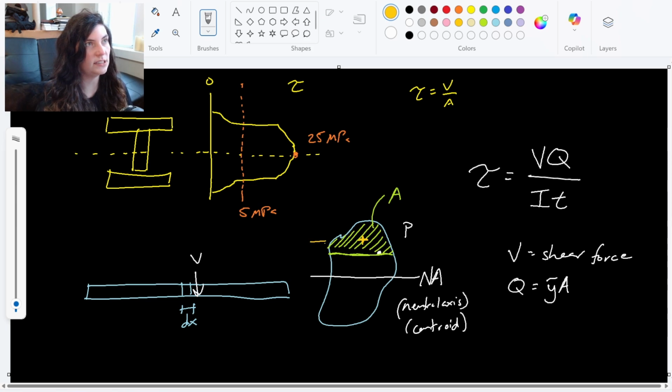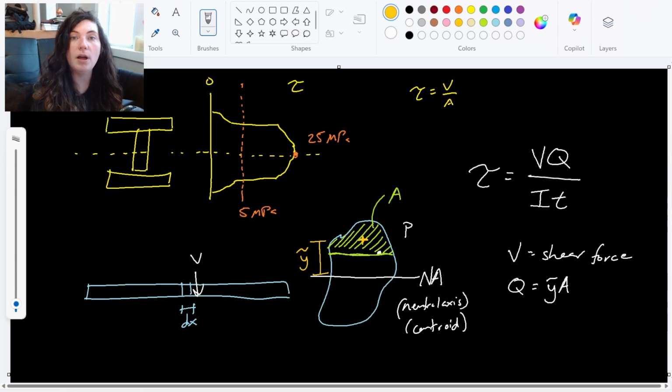The distance from the centroid of this area to the neutral axis would be our y tilde. And this is how we would pull our Q value. So it's the area above the point of interest times the centroid distance away.